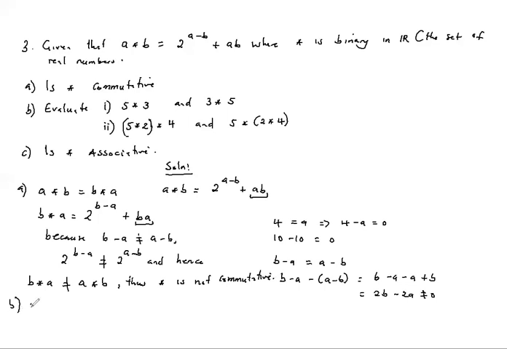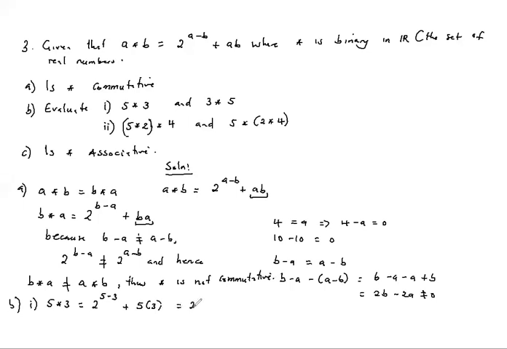We evaluate 5 star 3. So what will be 5 star 3? It will be 2 to the power of (5 minus 3) plus 5 multiplied by 3.